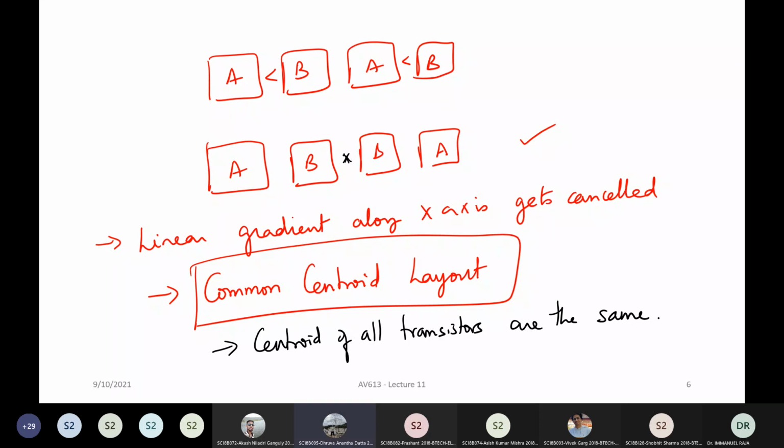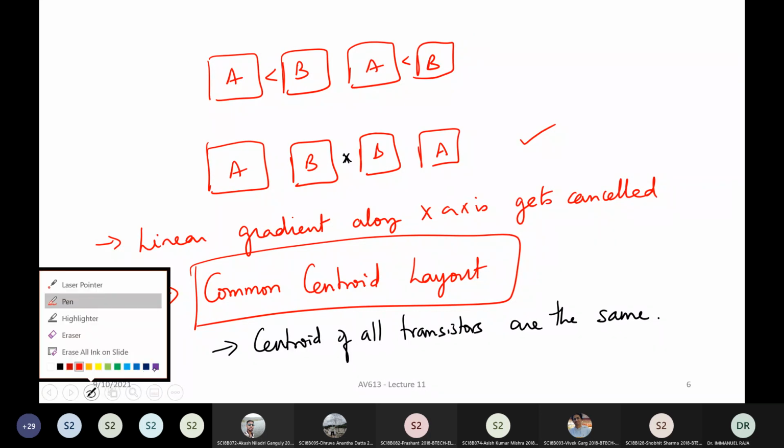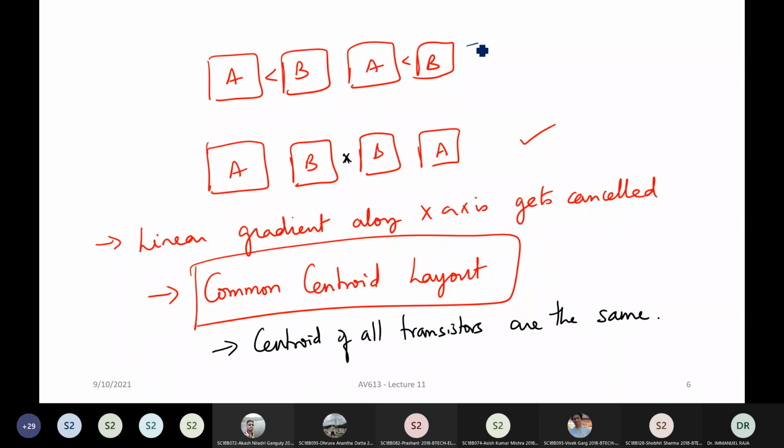Now there is one more thing that people do. What happens is when the fabrication happens, these edges can get a little distorted. Especially in the polishing processes, these edge transistors can get slightly affected.